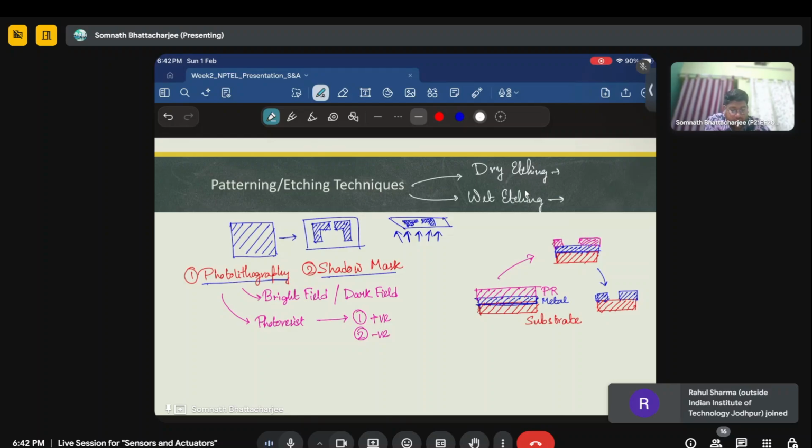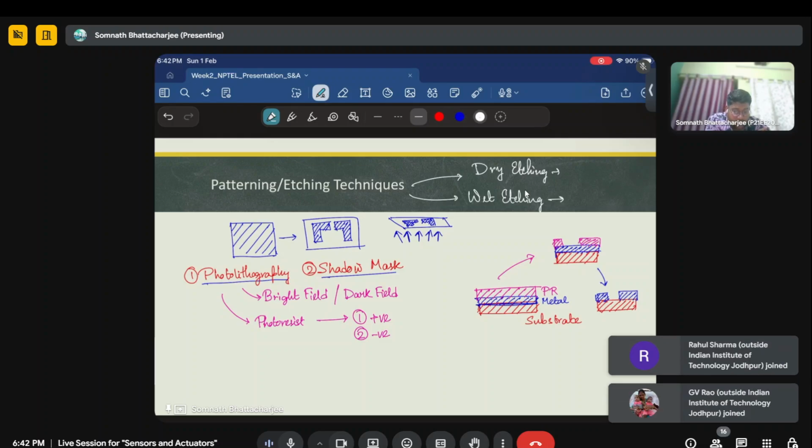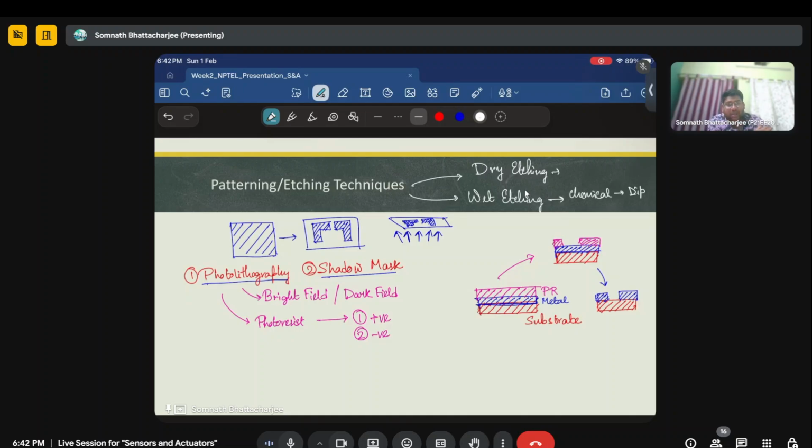So in wet etching, it uses some chemical solutions. You need to dip your sample into it, and based on that, whichever part is not your intended part will dissolve away, or it may stay as well. So based on your choice of photoresist and choice of different kinds of light like UV light, it may dissolve away, or it may stay there, stronger.